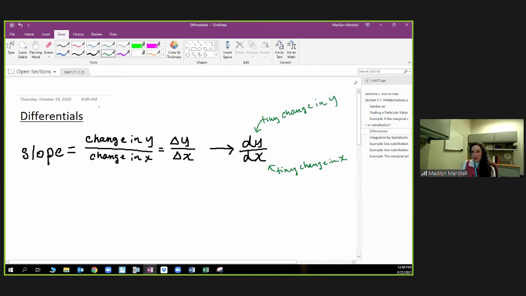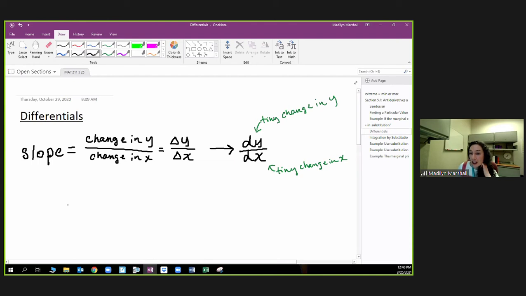So differentials are these dy and dx values. Even though they're not really values because they're infinitely small, we can think of each of these as teeny tiny change in x and y.